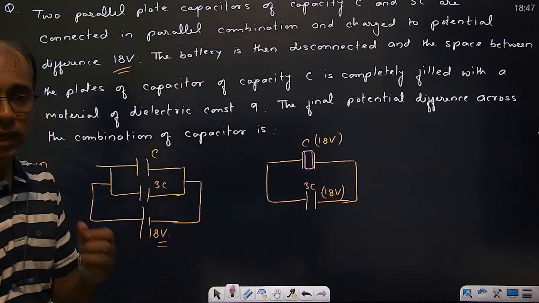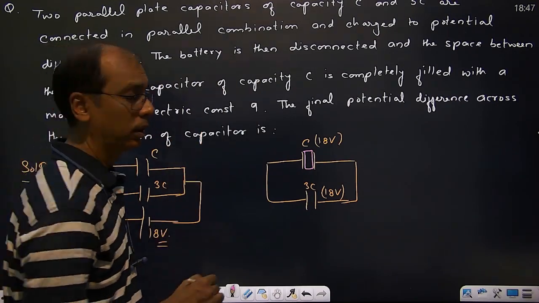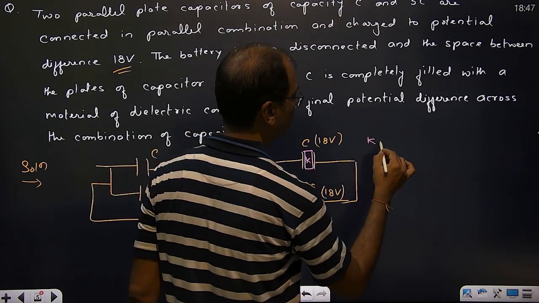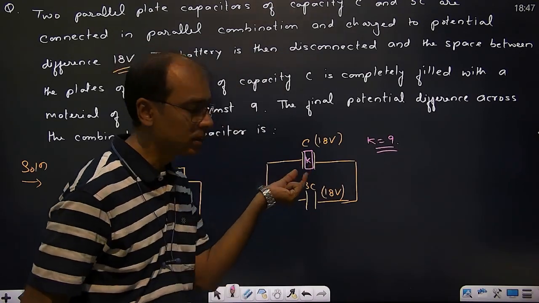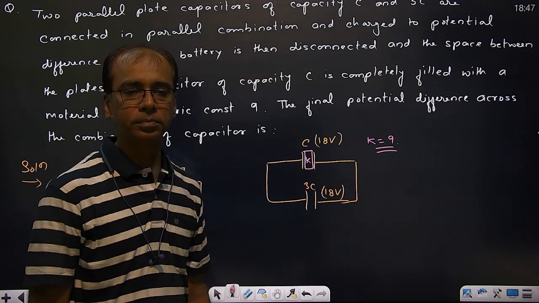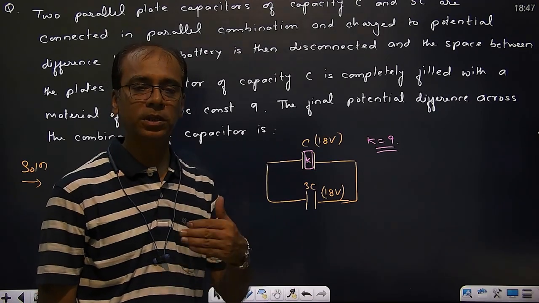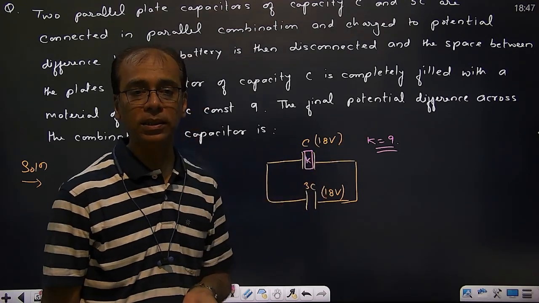The dielectric constant of this one is 9, K is 9. So suddenly, by inserting this dielectric, its capacitance changes. If you are inserting a dielectric, capacitance becomes K times. What is K? 9. So its capacity becomes 9C.